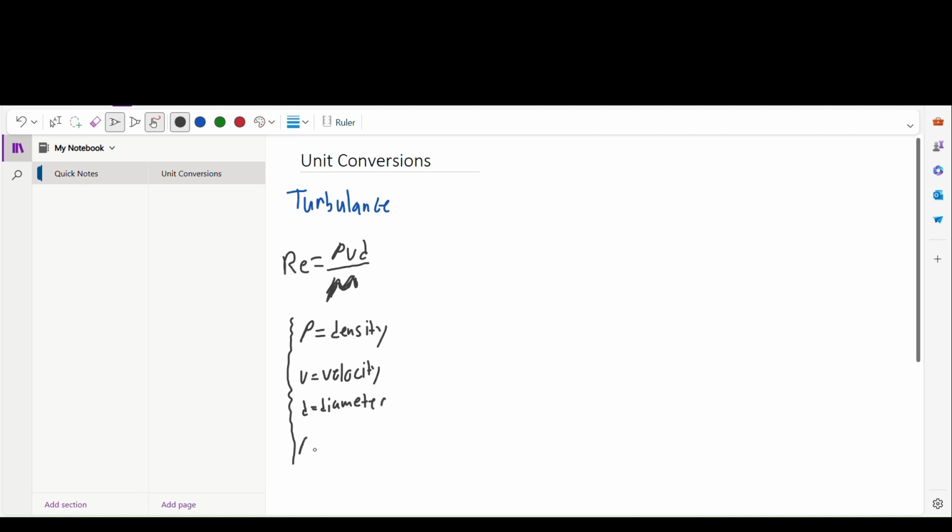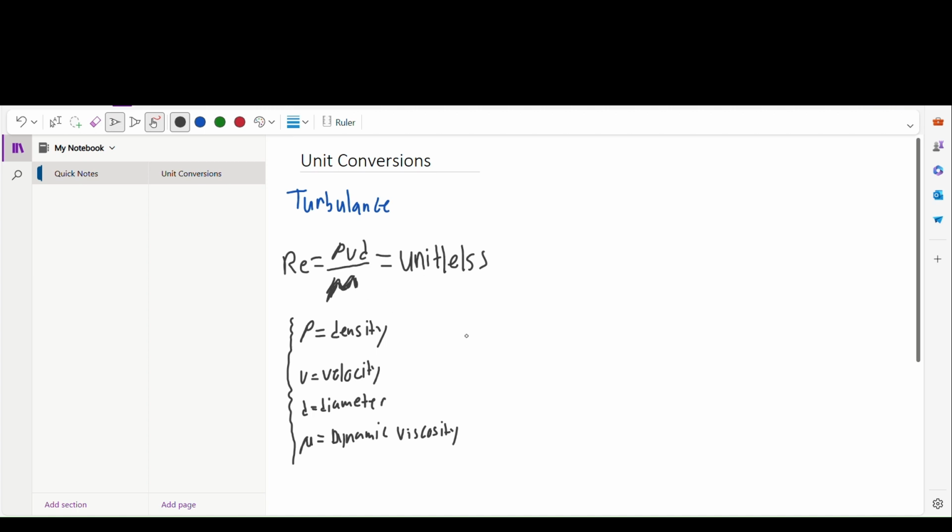And mu is dynamic viscosity. Now, one thing I will tell you that will help build this relationship is that Reynolds number is unitless, meaning all the units have to cross out.